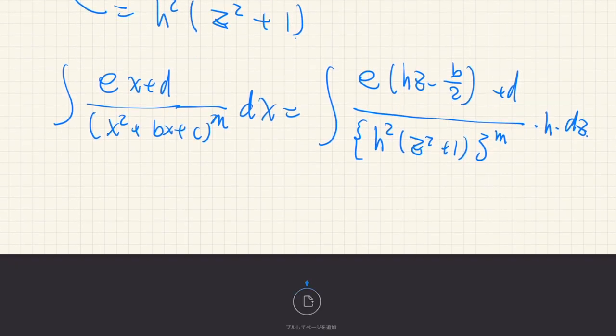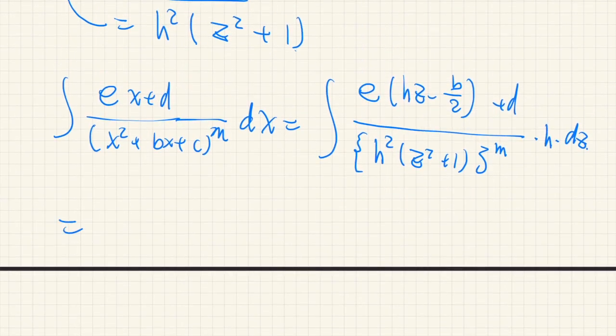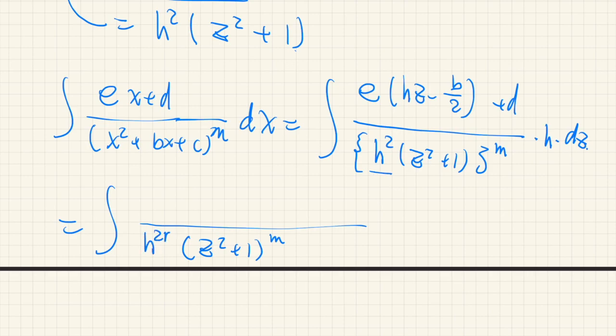Okay, so let's simplify this a bit. From the denominator we have (z squared plus 1) to the power of m, and from this h squared we have h squared to the power of m, and for this one we have ehz, a new coefficient here, and plus d minus be over 2, and we have h here.